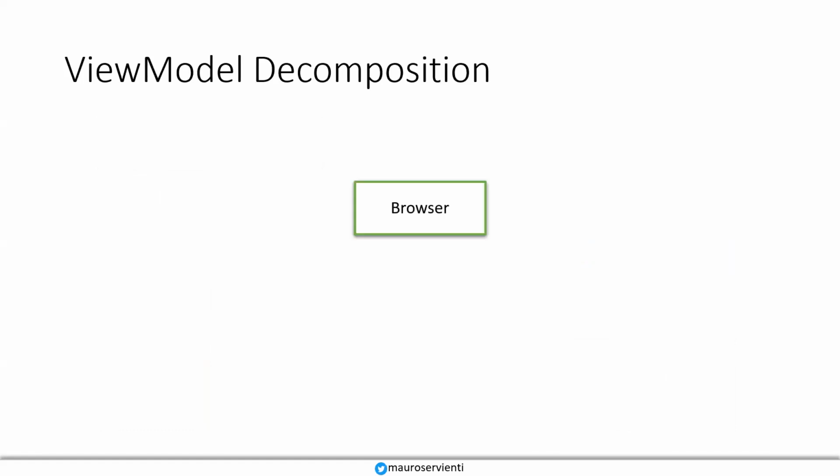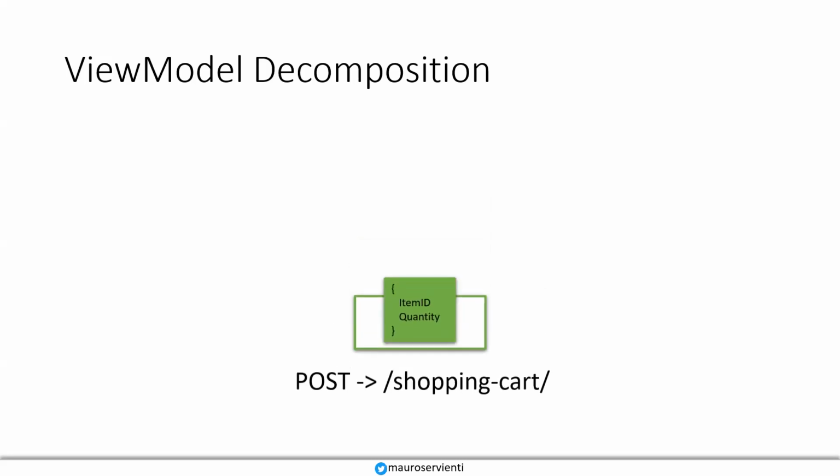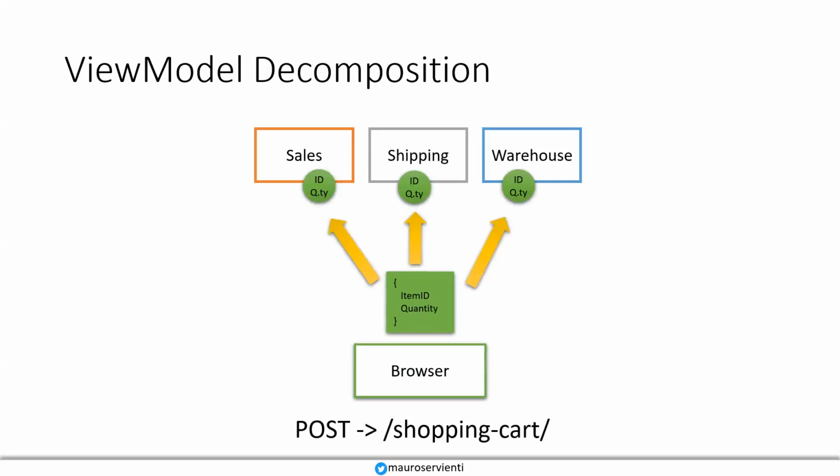We have a browser that acts as the current client. And instead of getting something from the backend, that browser will try to post something to the backend. So the POST request could look like this: POST to /shoppingcart, passing in the item ID and the quantity. And what we can do inside that composition gateway is basically do exactly the opposite of what we just did.